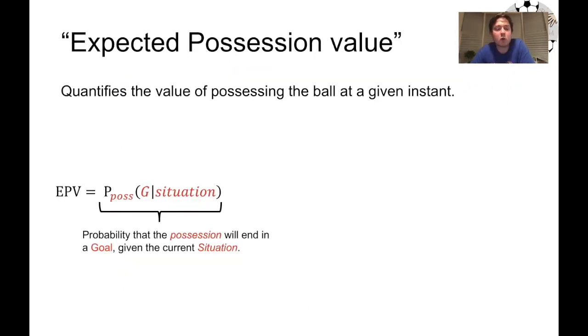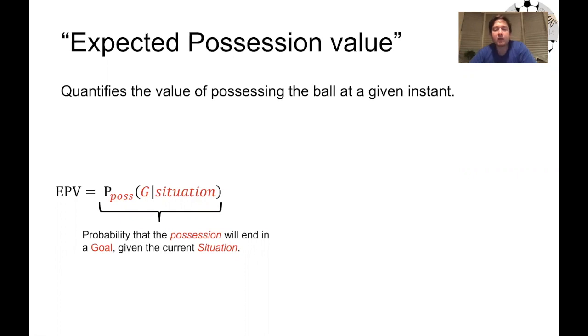So in order to quantify player actions or player options, analysts have developed the concept of expected possession value, or EPV. And EPV is essentially designed to quantify the value of possessing the ball at any given instant of the game. But what do we mean by the value of a situation?